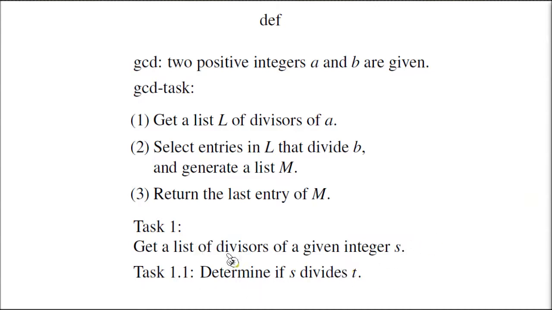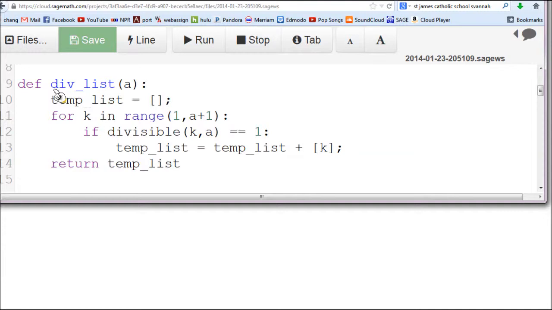We're going to get a list of divisors when a number is given. So the only input here is a positive integer. Here's the task I wrote. I named it divisor list. One number is given, and this is going to be a collection of divisors. So I create an empty list. Whenever we discover, as we go through 1 through A, we're going to collect them in here.